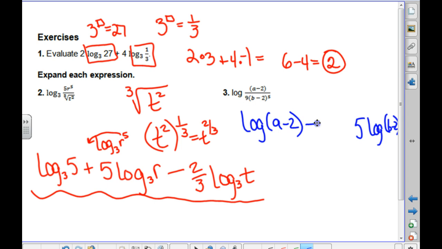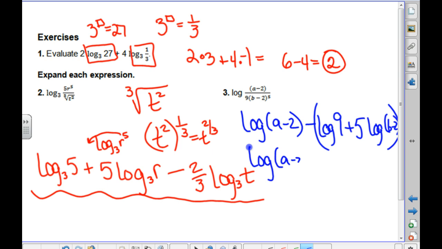But that 9, I think we can do as a separate log 9. Now, if we put a plus in here because it's multiplied, we do need parentheses around the whole thing because all of this is in the denominator. Does that make sense? Otherwise, we can distribute.